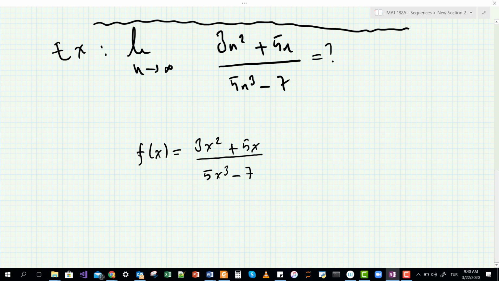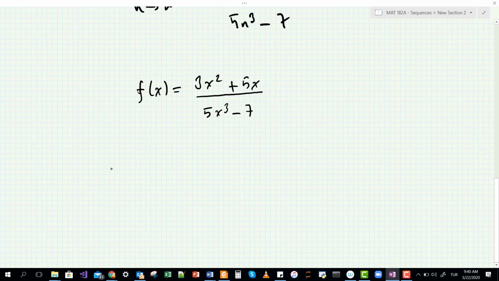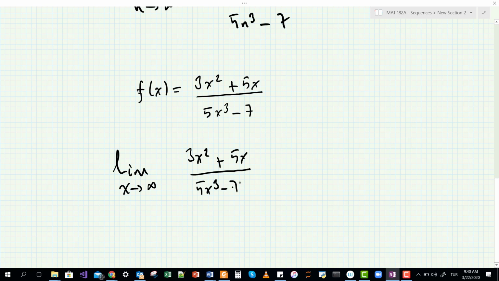So look at that. If this is my f of x, now I can ask this question instead of the limit of the sequence question. What is the limit of this function when x goes to infinity: 3x squared plus 5x over 5x cubed minus 7?